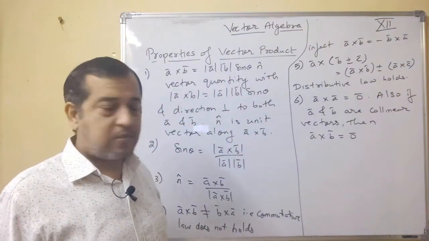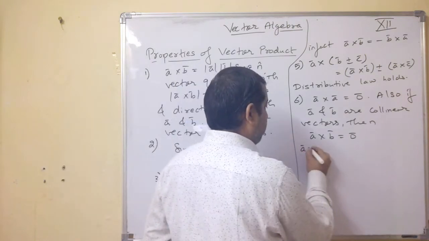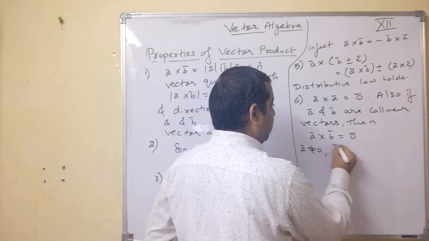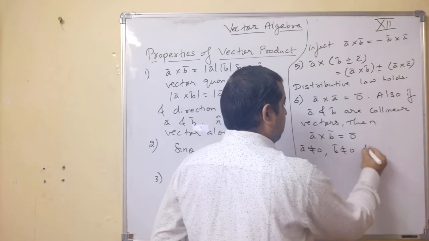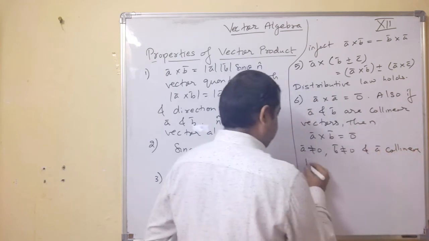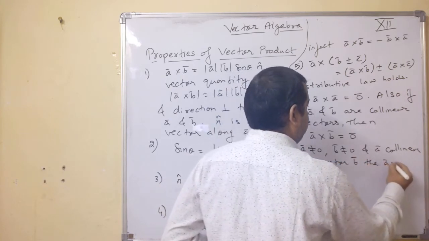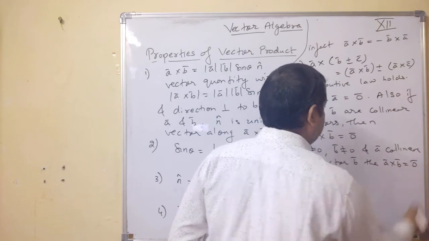Okay, clear? So from here, what you can say, vector A not equal to 0, vector B not equal to 0, and vector A collinear to vector B, then vector A cross vector B, this will be 0 vector.